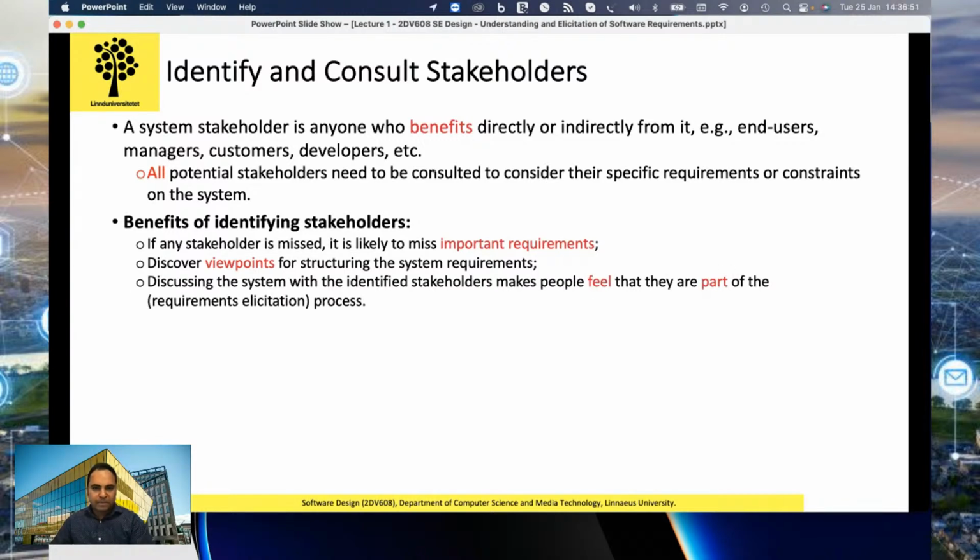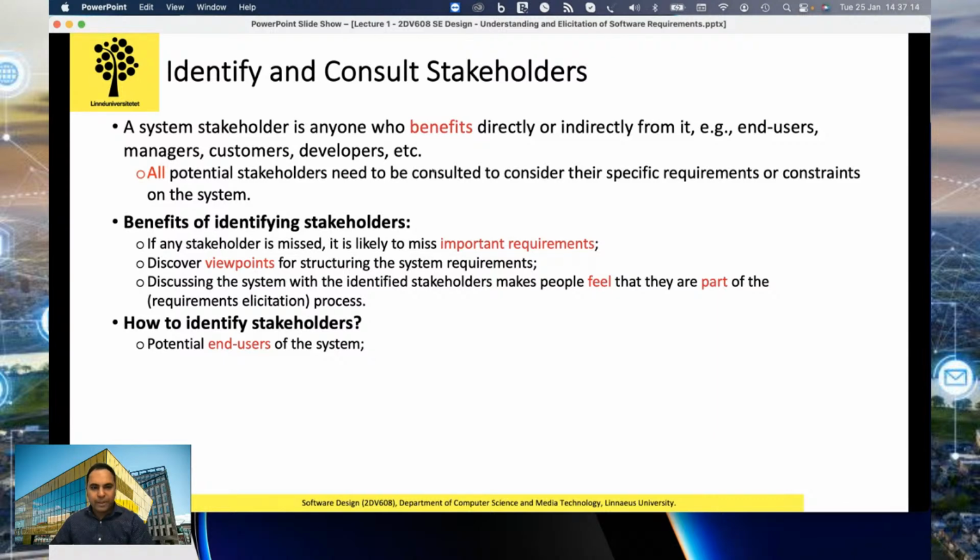And if you identify all the stakeholders exhaustively and discuss the requirements with them, then the stakeholders will feel that they are also part of the process, and they will not feel that they are left alone or not part of the system itself.